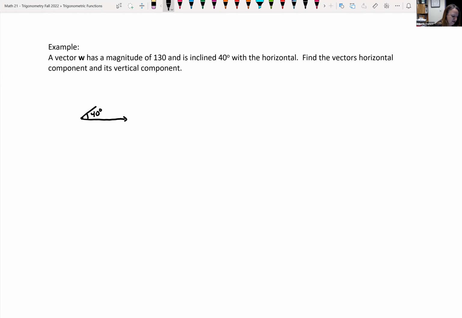That gives us our vector W. It has a length of 130. I want to find this horizontal component here and this vertical component here. So let's call this vector U for the horizontal, V for the vertical.